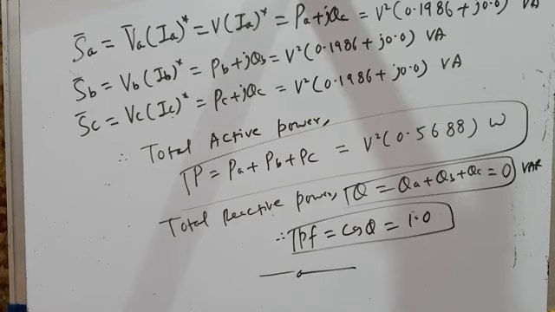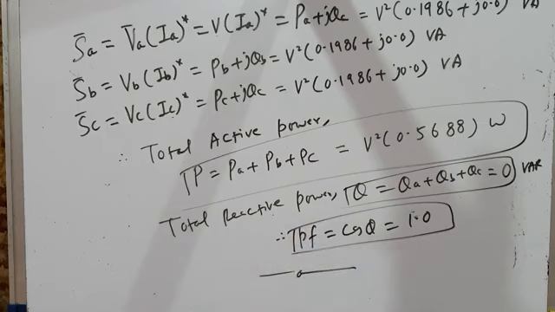So this numerical problem clearly explains how load balancing is done by passive shunt compensators, and how we design the passive shunt compensator using the formula we derived in the last lecture. Substitute the values of load admittances, you get compensator admittances or susceptances, and then find line currents and active and reactive powers before and after compensation.